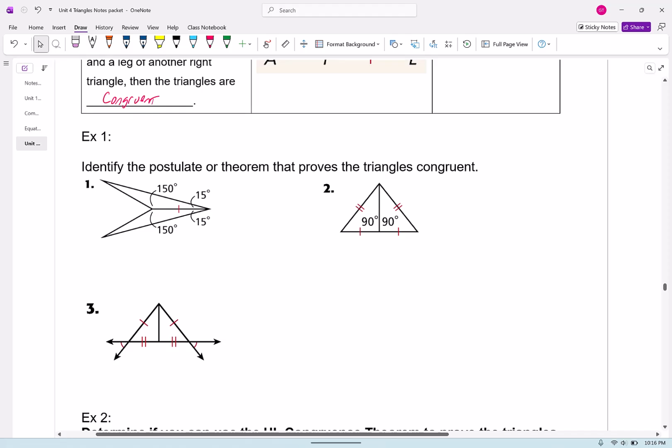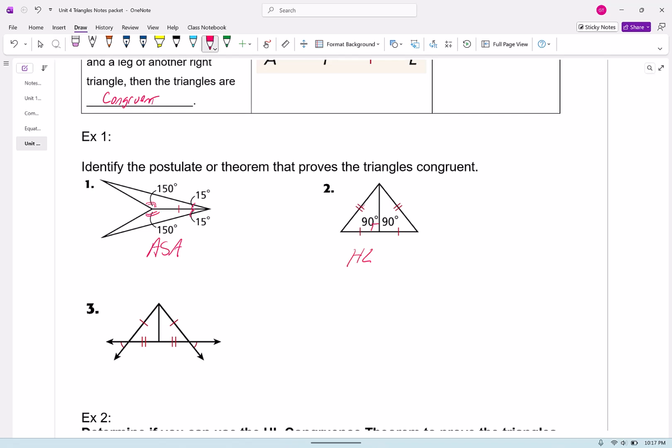All right, so let's take a look at this here. Identify the postulate. All right, I got an angle, I got another angle, and I got a side. So angle, side, angle. That's going to be what I'm going to use to prove it. All right, I got 90 degrees here. I got side, side, angle. Okay, so that can't work, but I do have a hypotenuse and a leg.